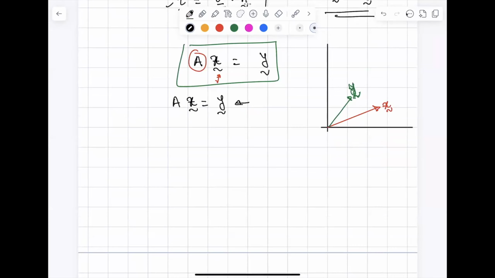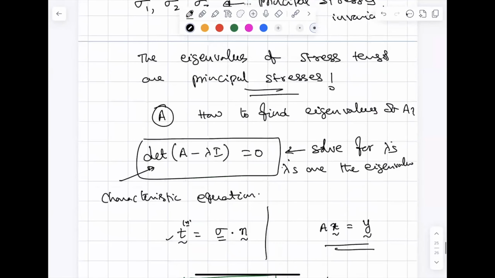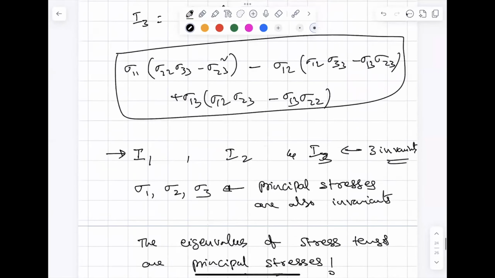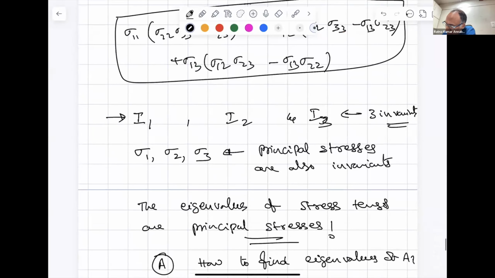Sir, one question. Yes, please. Sir, initially you said that for a second order tensor, if you have a 3x3 matrix, then you have 3 invariants, right? Correct. Then why are we also getting a fourth, like the principal stresses are also invariant? Because I1, I2, I3 can be written in terms of principal stresses and vice versa.